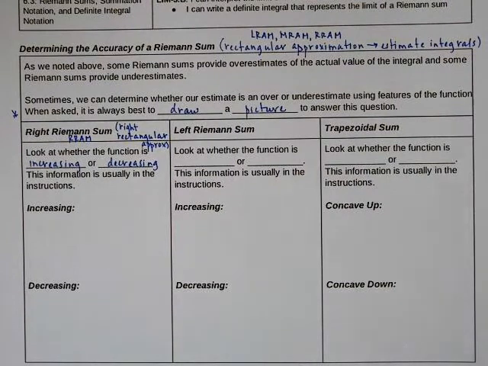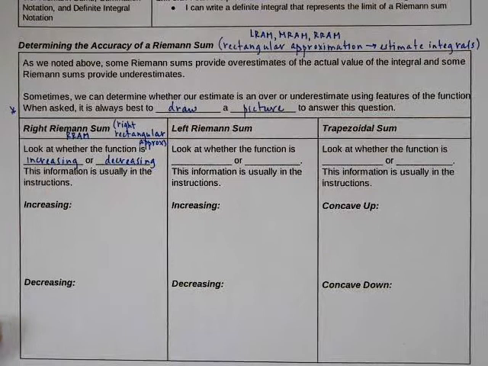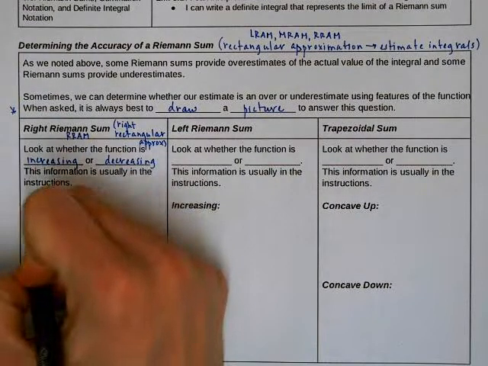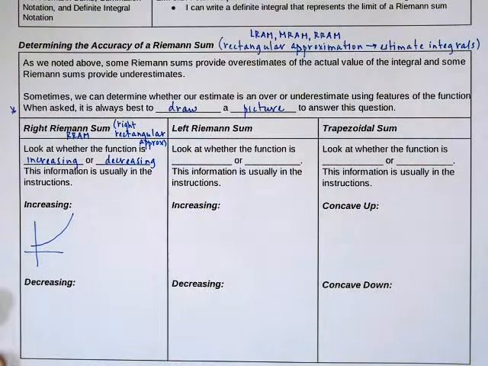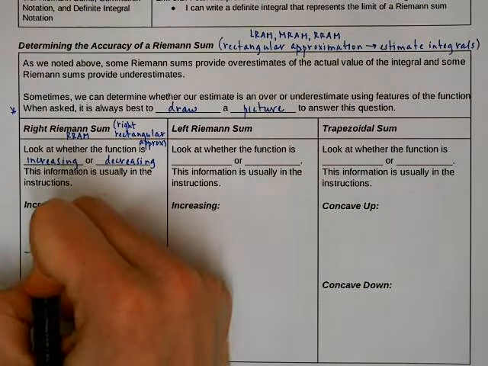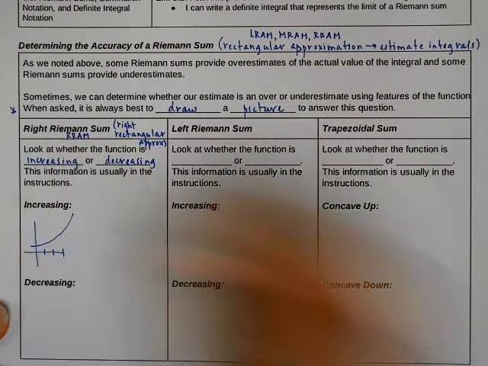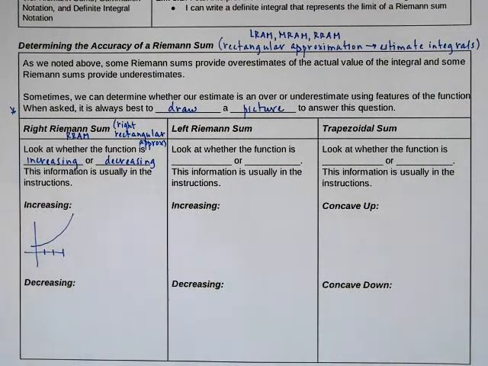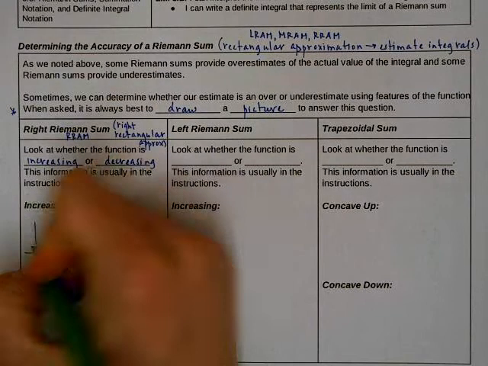Let's say I have an increasing function. I don't actually care what the actual function is doing. I'm just going to draw a generic increasing function, and then I'm going to make myself some subintervals. Now, I know if I have a right Riemann sum, I'm using the right endpoint of each of those intervals to determine the height of my rectangle.